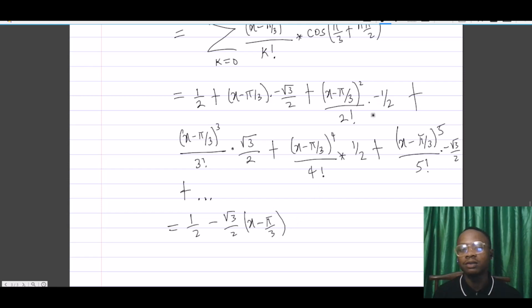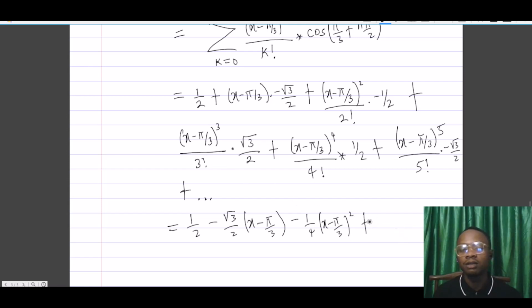Then the next one is also minus 1 over 4. This is 2 multiplying 2 factorial, that is 1 over 4, multiplying x minus pi over 3 all squared.